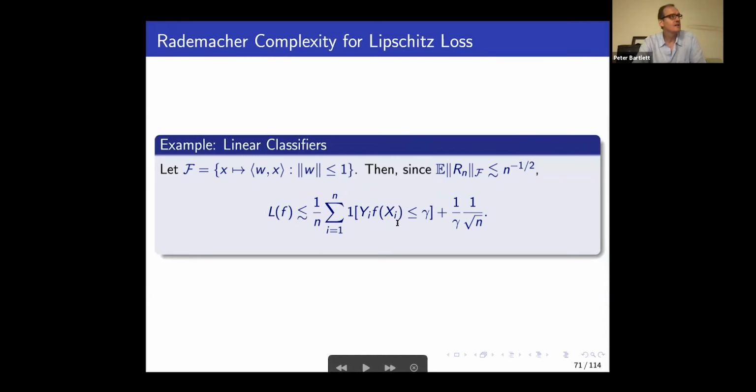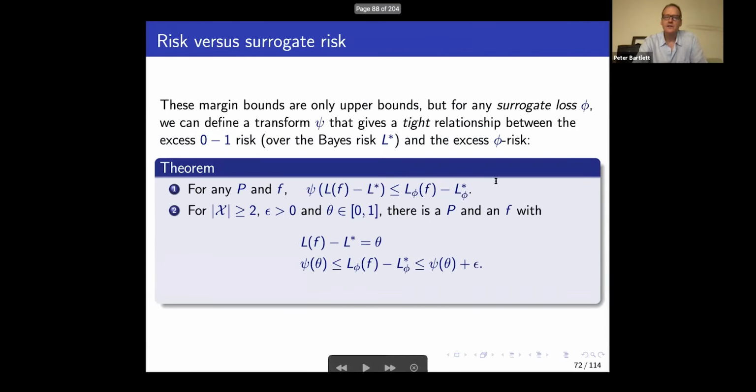What we know is that you can relate not the risk of a function to the expectation of some surrogate loss, but the corresponding excess quantities. Excess over what?